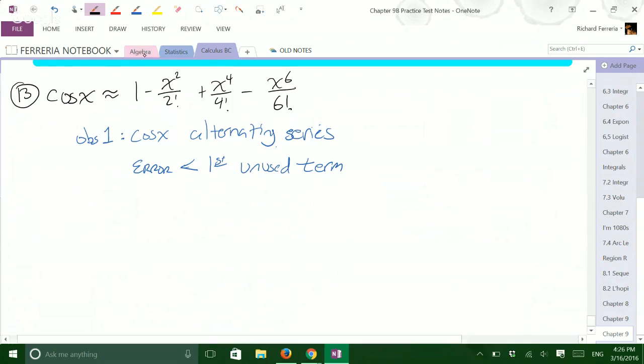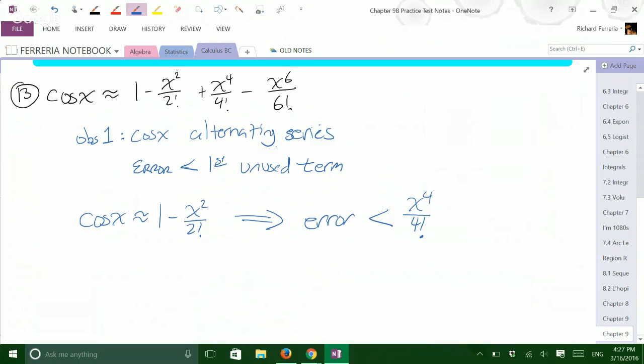Okay, so what does this question say? This question says we're using cosine of x approximately equal to 1 minus x squared over 2 factorial, which means the error should be less than x to the 4th over 4 factorial, which would be the next term in this series because we have an alternating series. So basically, we want the error.